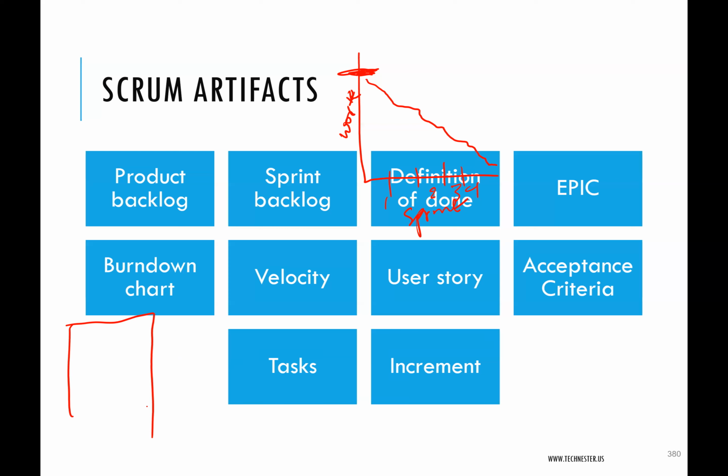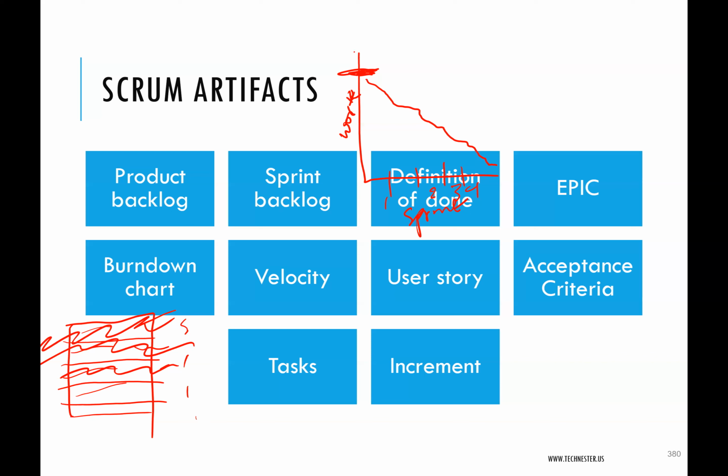And as you do work, your goal is to burn down the work. So as you do work, you are reducing the building. So in sprint 1, you burn this one off. In sprint 2, you burn this amount of building, and you continue to burn down the house until the house is no more, meaning there's no more work left. That's the concept of a burn down chart.